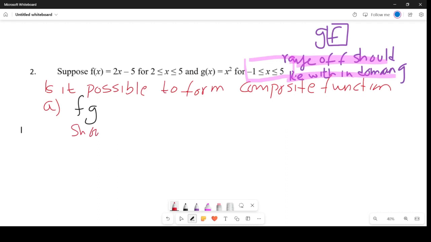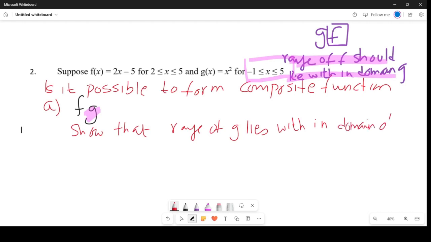Show that the inner function is this, the range of this. Show that the range of g lies within the domain of f. And by lies within, I mean less than or equal to.